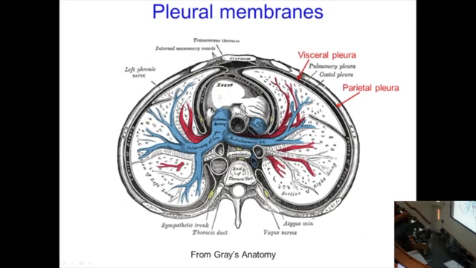This goes all the way around the lungs. Okay, and there's a second pleural membrane that lines the inside of the thoracic cavity. This is called the parietal pleura, and parietal means to the side or on the wall. So this lines the chest wall.